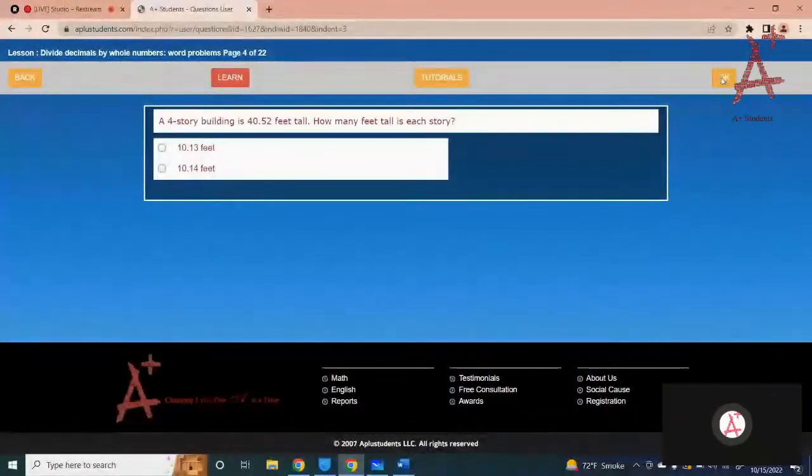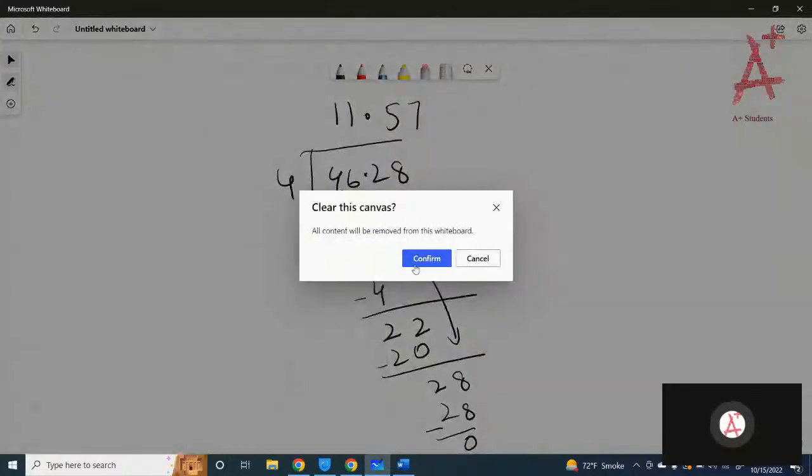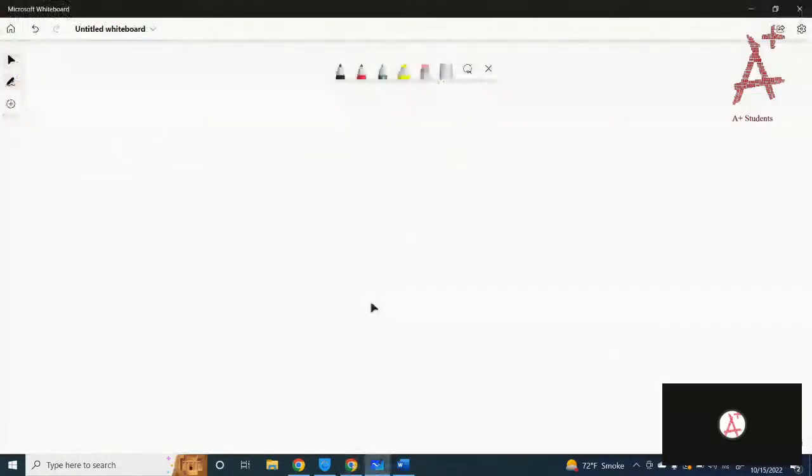A four-story building is 40.52 feet tall. How many feet tall is each story? So 40.52 divided by 4. Can you do the question in your notebook and let me know the answer? Do you have your notebook and pencil? Just write down the answer in the chat box when you are done.